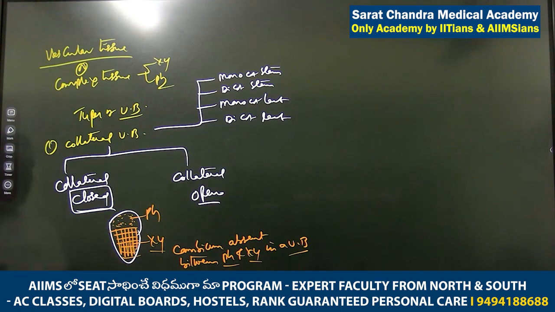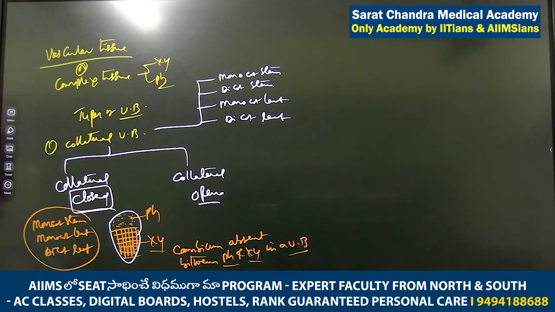So collateral closed vascular bundles are present in monocot stem, monocot leaf and dicot leaf. Except a dicot stem, all vascular bundles are closed type. So collateral closed vascular bundles are present in monocot stem, monocot leaf and dicot leaf also.